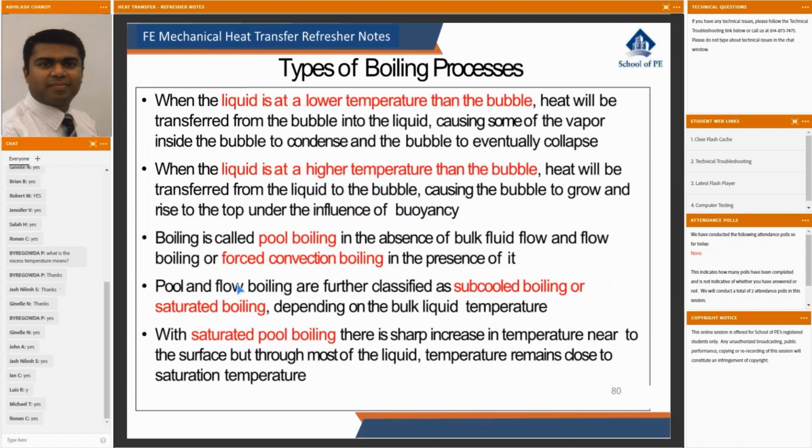Now, pool and flow boiling are further classified as subcooled boiling or saturated boiling, depending on the bulk fluid temperature. So what is saturated pool boiling, or subcooled boiling? There's a sharp increase in temperature near the surface, but through most of the liquid, the temperature remains close to the saturation temperature.